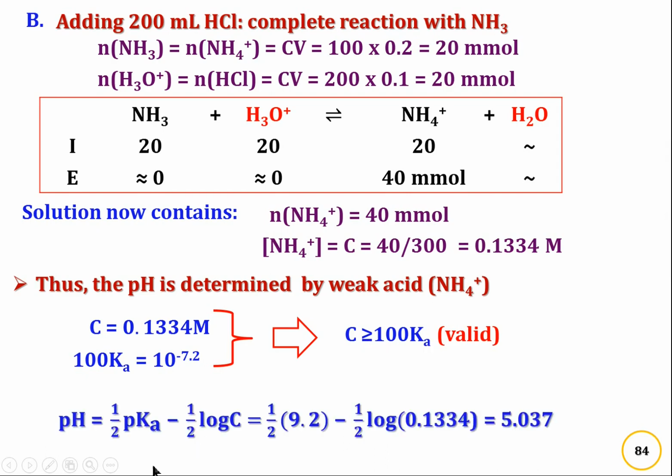So we can apply directly the relation pH equal half pKa plus half pC0, or half pKa minus half log C, so equal half times 9.2 minus half log the concentration obtained, so equal 5.37.